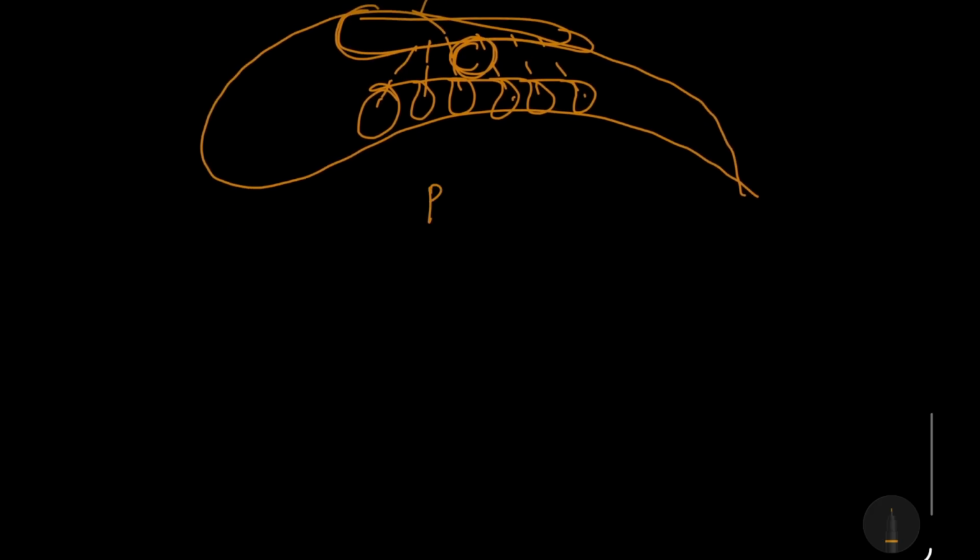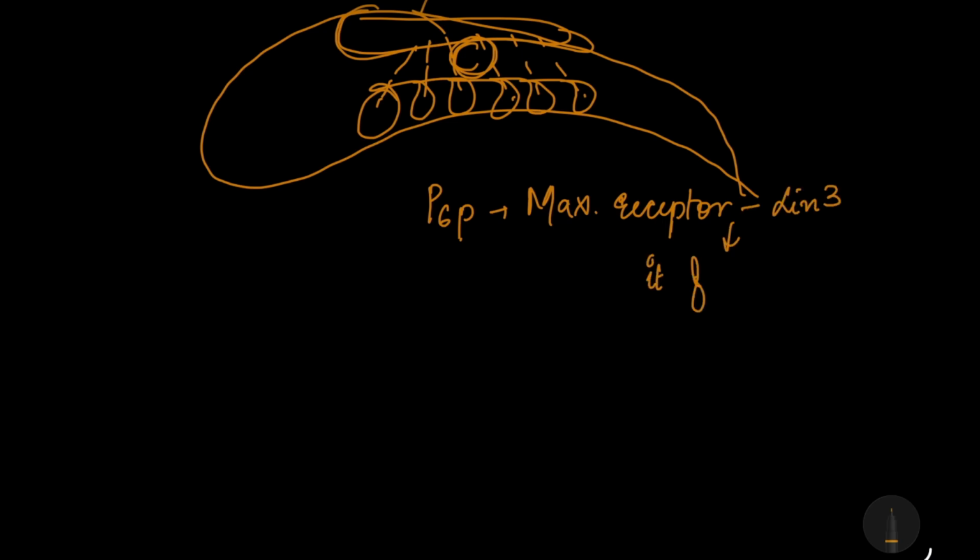So P6P has the maximum receptors for Lin3, thus it forms 8 cells, and it is the primary VPC.